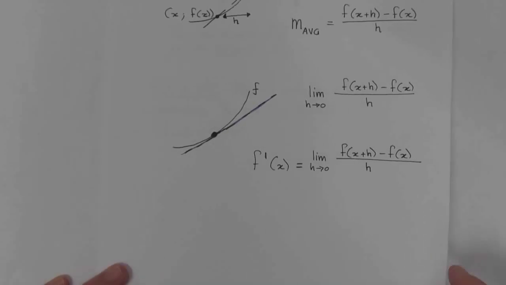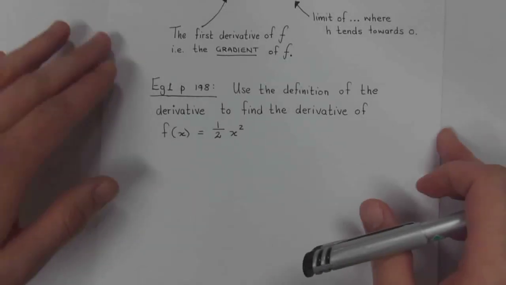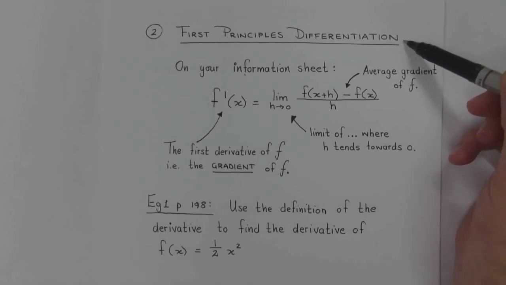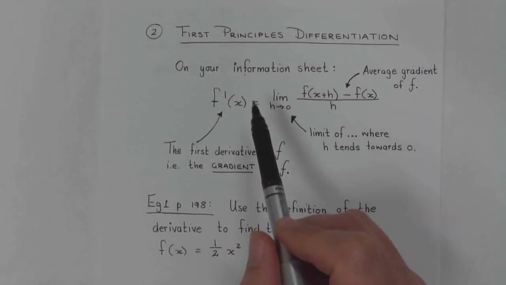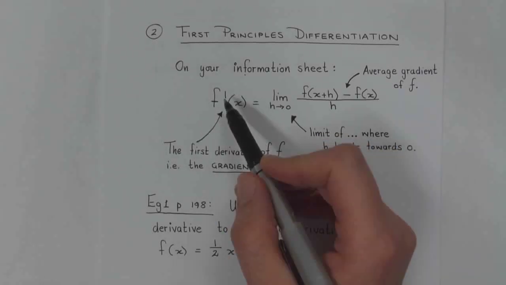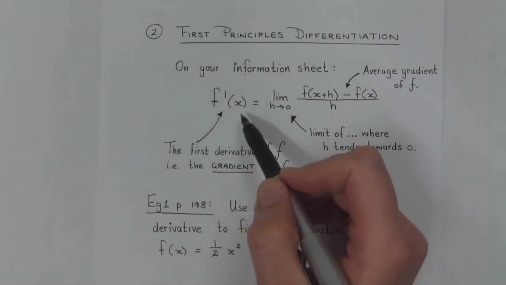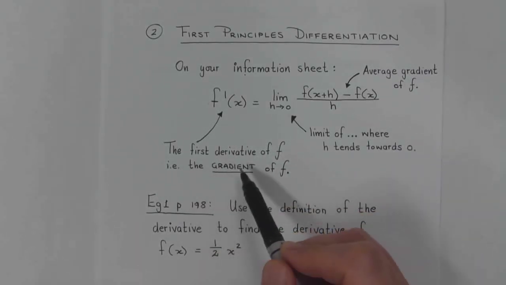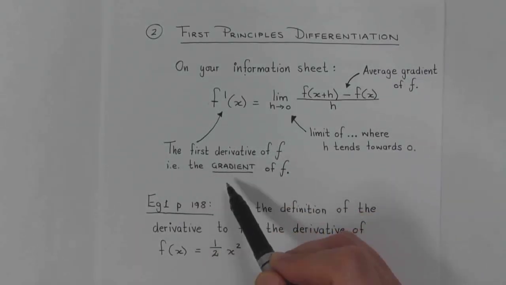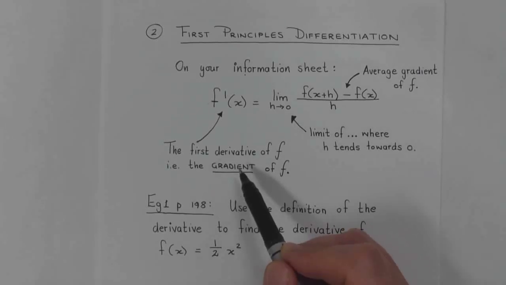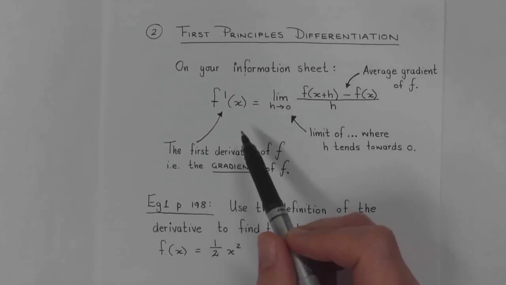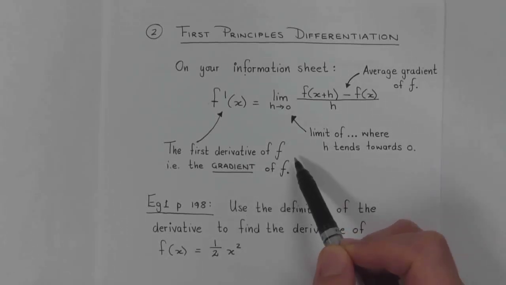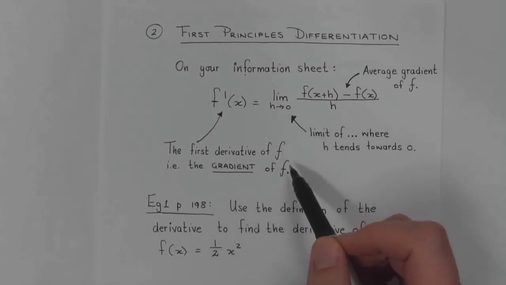So let's take a closer look at that formula. We call this first principles differentiation. On your information sheet, this formula is given, where again it says f accent of x, also called the first derivative of f. In other words, remember from the previous video, I say derivative, you say gradient. So please remember the first derivative is the gradient of the function f, but we'll get to that later in great detail.